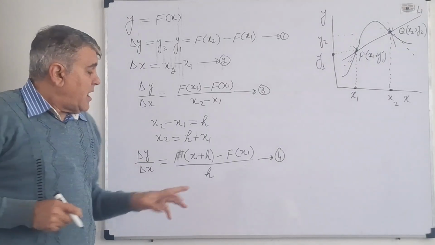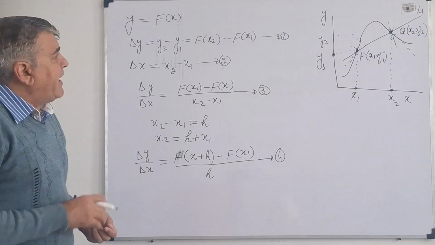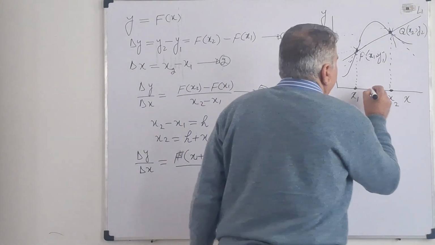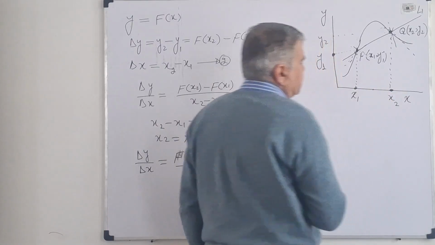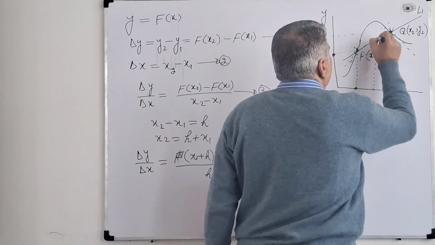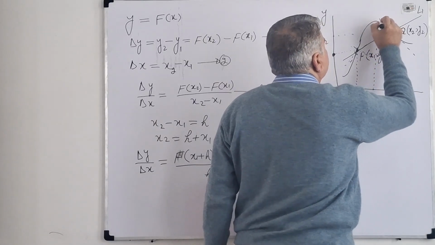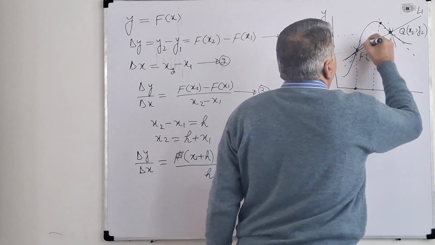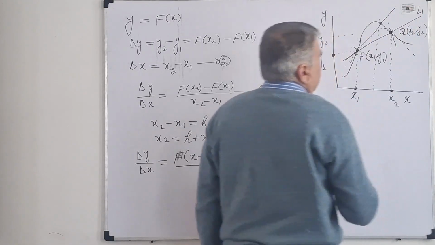Let's see this. How can I do that? What if I take the midpoint of these 2 points and I drop a perpendicular like this, then this is another point which is joining these 2 points.